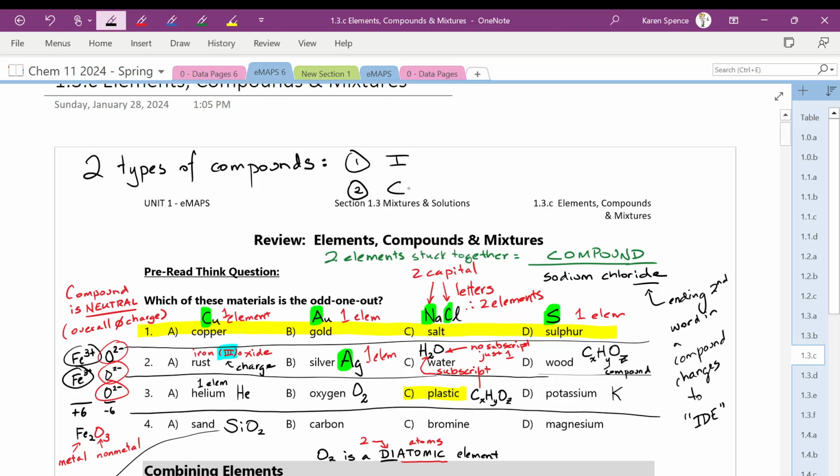If you're having trouble thinking of them, one of the names starts with I, the other starts with C. What do you think I stands for? Ionic. So there are ionic compounds. Covalent is the other kind.